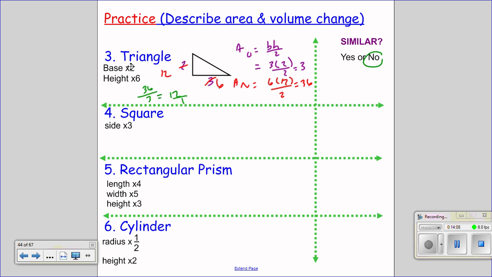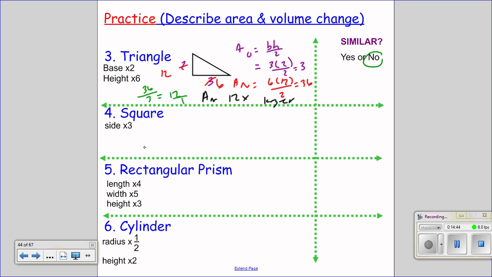And when you look at how we manipulated our dimensions, 2 and 6, it multiplied together, and the new triangle area is 12 times as large. So the area of the new is 12 times larger. So far, my theory appears to be working, that these two scale factors multiplied together will explain how the new area will change. Very interesting.